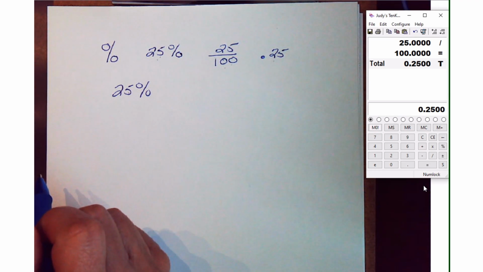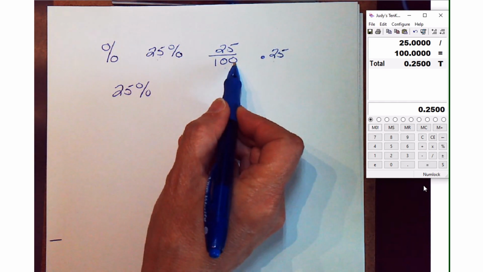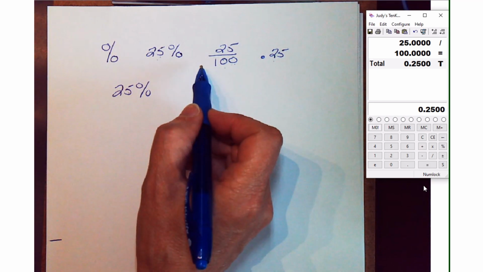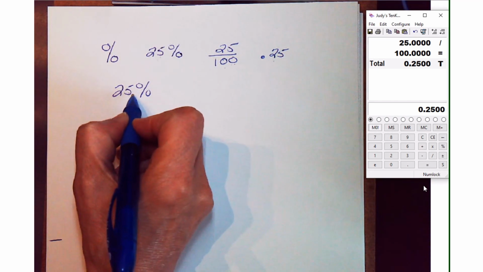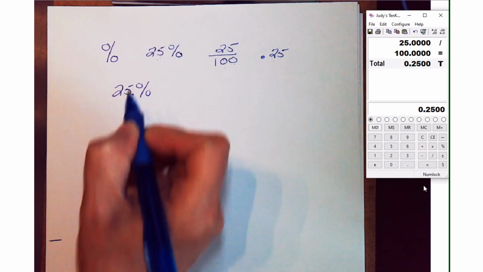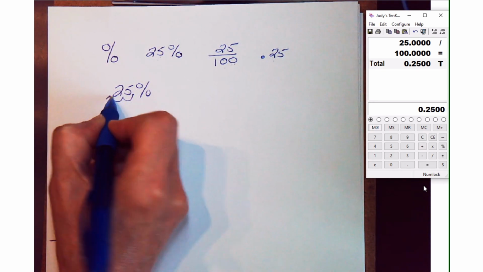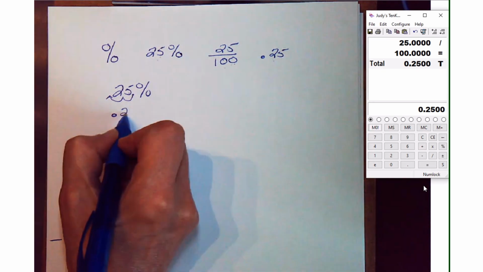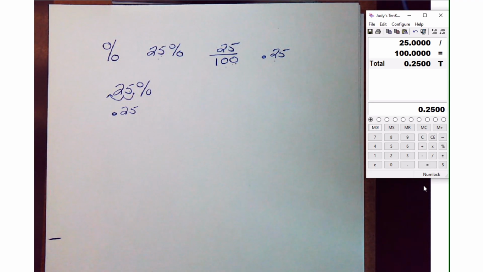An easier method, a shortcut method: when you divide by 100, you move the decimal 2 places to the left. Every number has a decimal. So after a whole number is a decimal, move it 2 places to the left, add your decimal, and get rid of the percent sign. That's the same as dividing by 100 in your head.